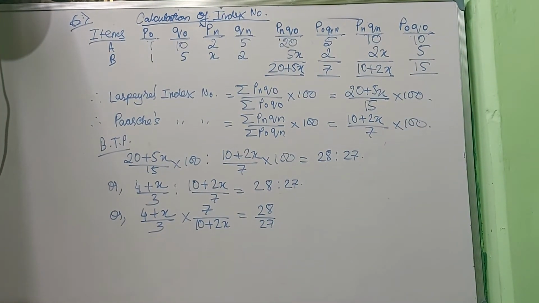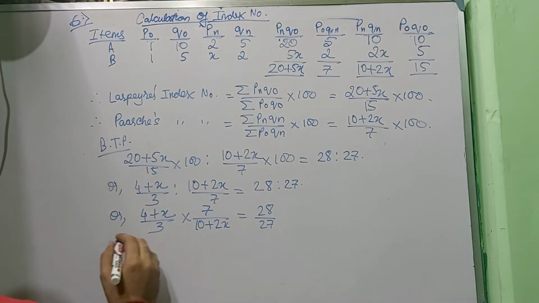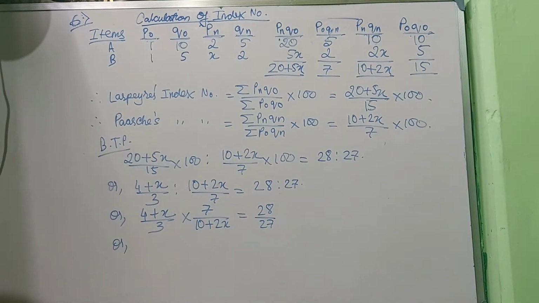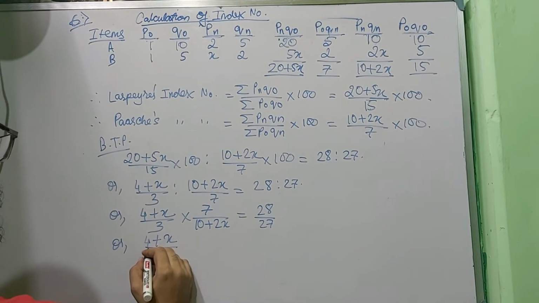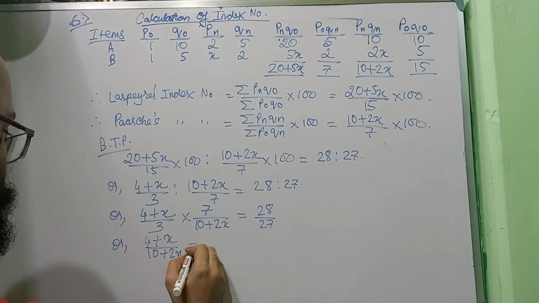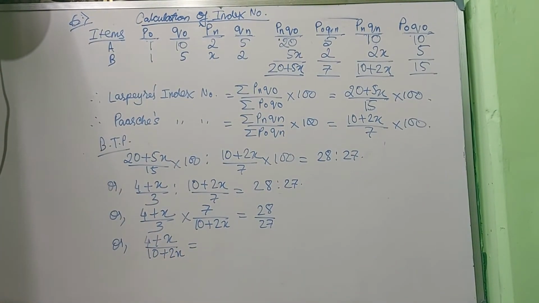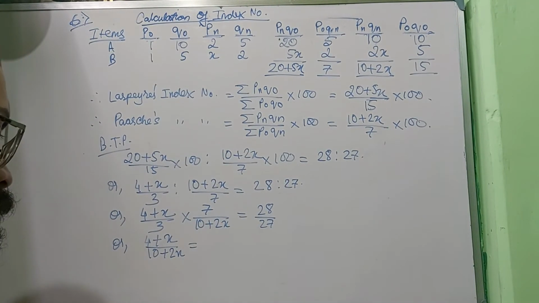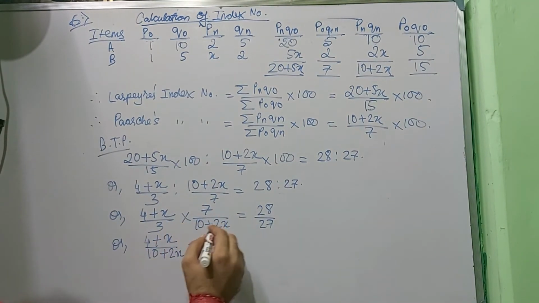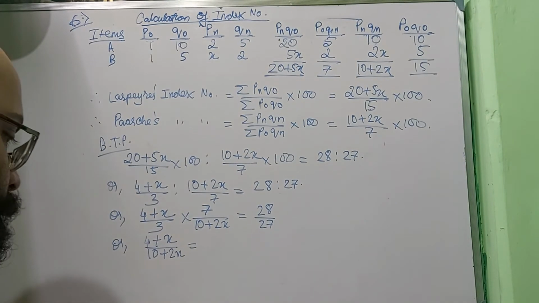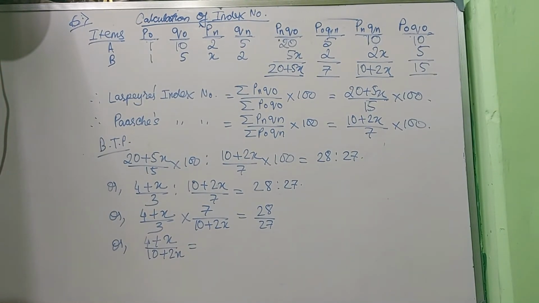Okay? Now, 4 plus x by 10 plus 2x is equal to, it is 84 by 189.